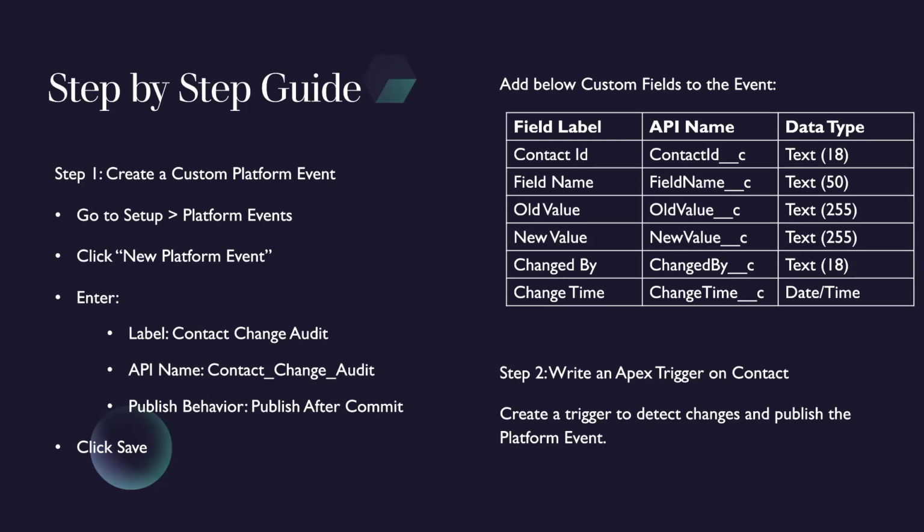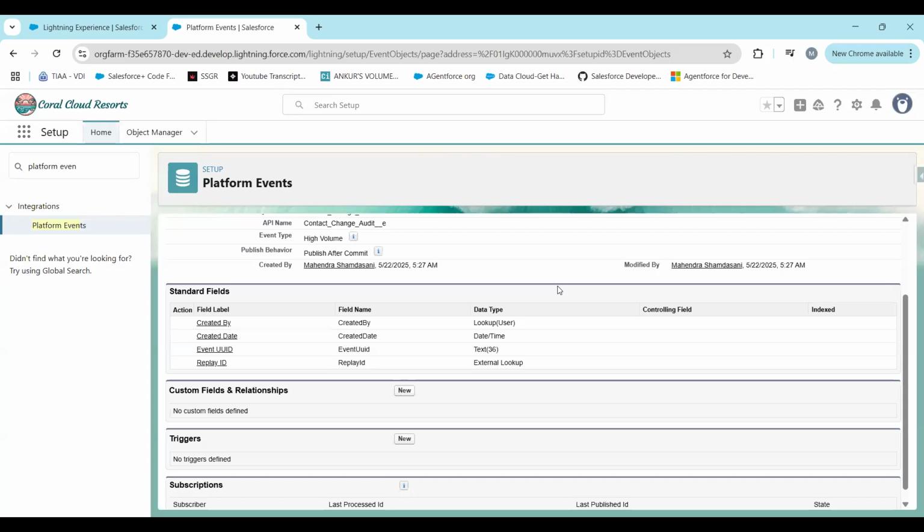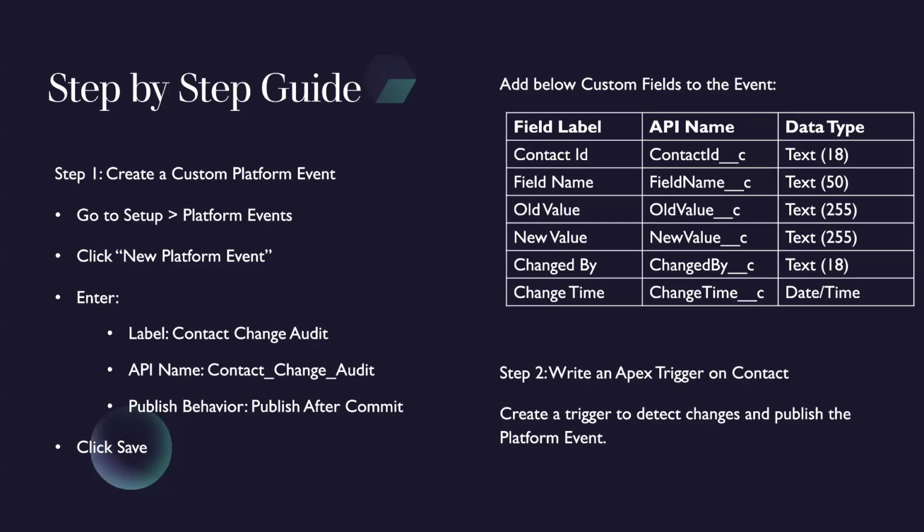So I'm not going to create each and every field here, but I hope you understood. I just wanted to give you an idea of how the UI looks when you are going to create a platform event, right?